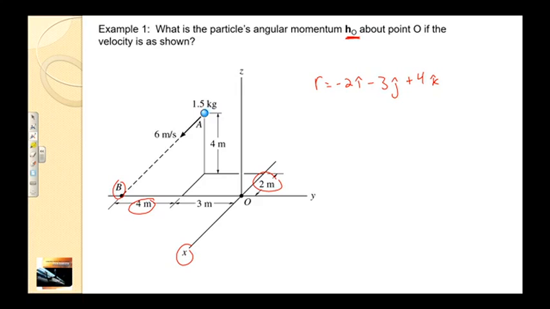Angular momentum, r cross mv. R, meters, m, kilograms, v, meters per second. So, kilogram meters per second squared is a Newton times a meter.